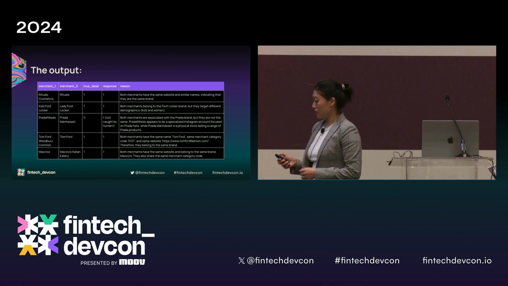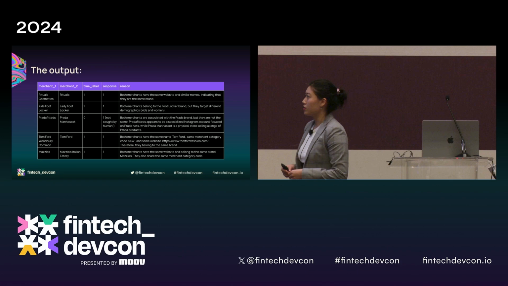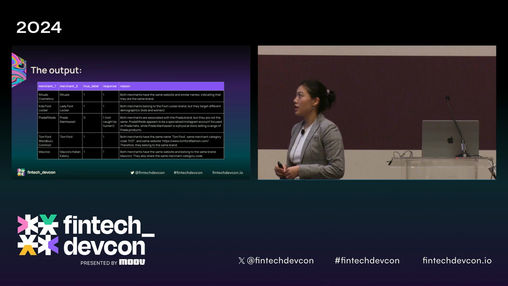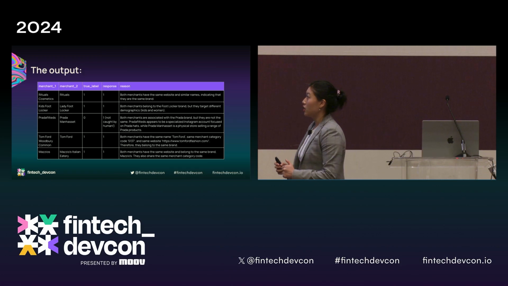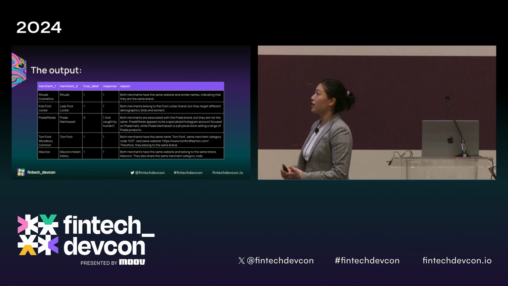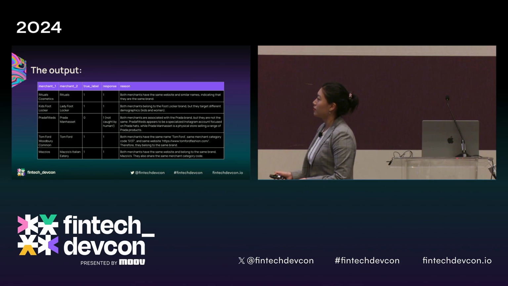So let's review the first one, Ritual Cosmetics and Rituals. The agent thought they are the same brand, and it is correct. The reason it gave is, both merchants have the same website and similar names, indicating that they are the same brand. Perfect.